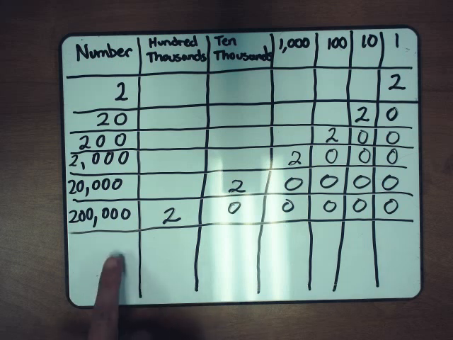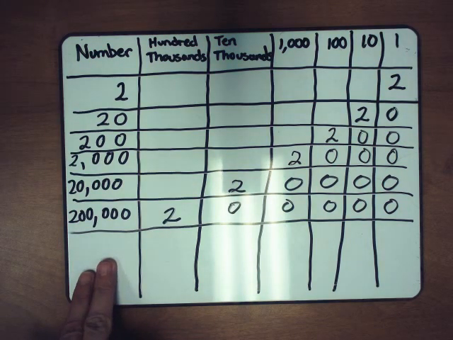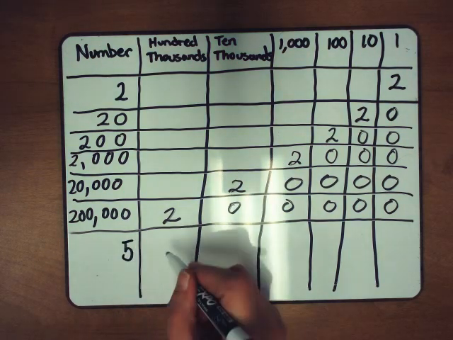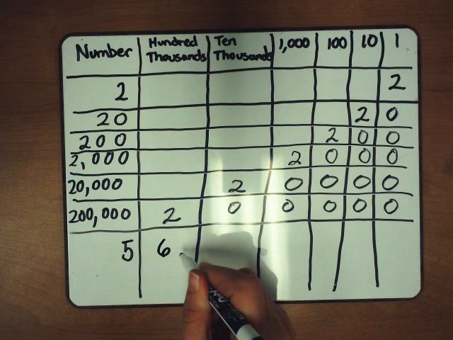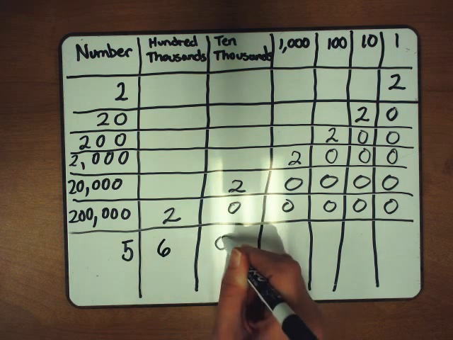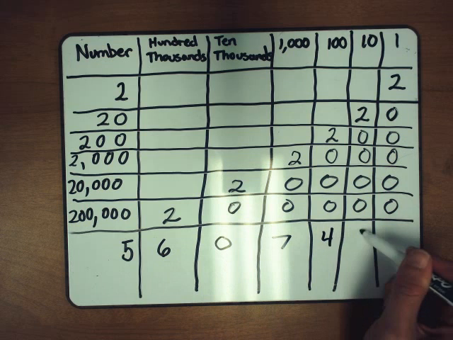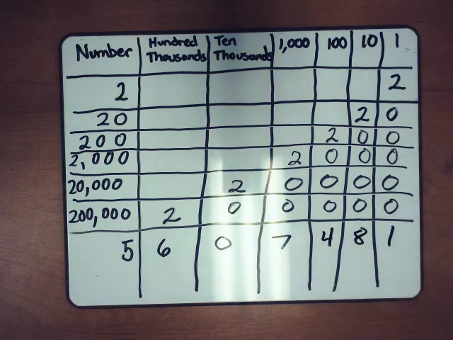Now remember, we don't have a millions column, so let's make this our millions column for this number. Go ahead and write 5,607,481. 5 million, 600,000, 0 ten thousands, 7 thousands, 481. Give yourself some snaps or raise the roof if you wrote your numbers in the columns just like I did.